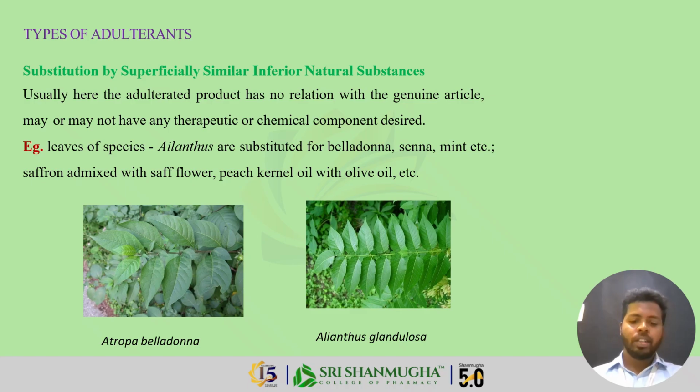It is selected only because it looks similar. Examples are Ailanthus leaves instead of belladonna, senna or mint, safflower mixed with saffron, and peach kernel oil mixed with olive oil. Here the substituted drug may not have the required therapeutic effect. So treatment fails and the patient loses trust.